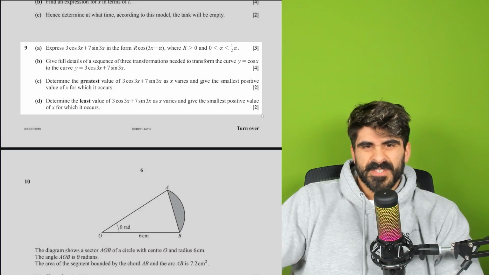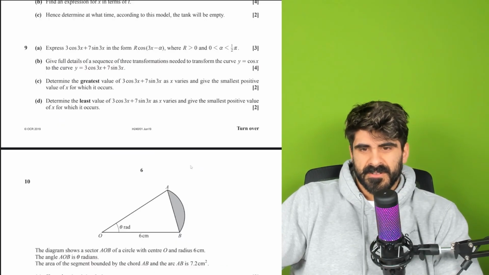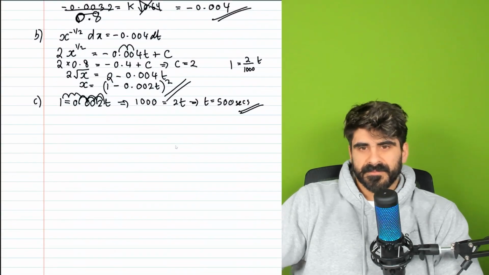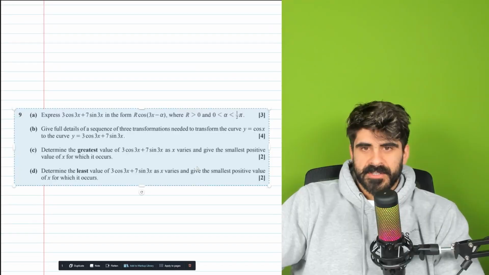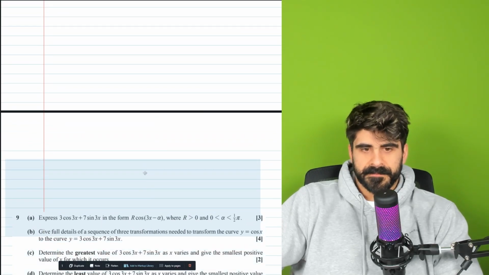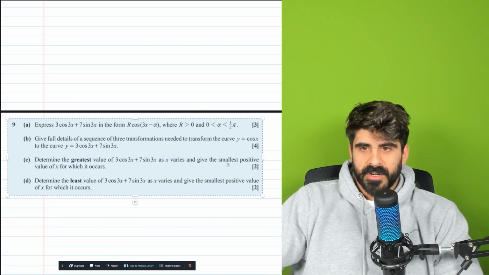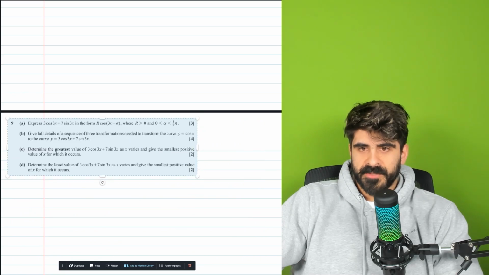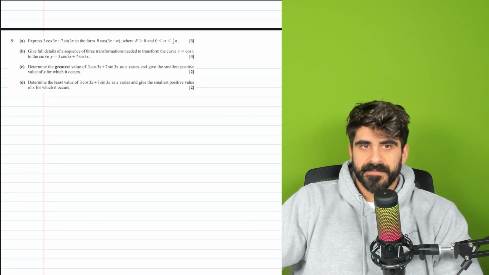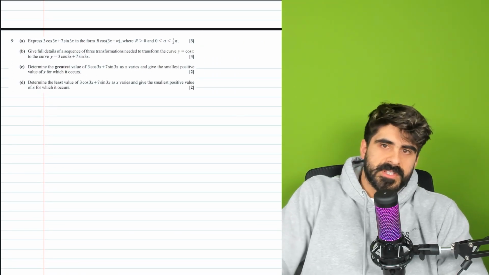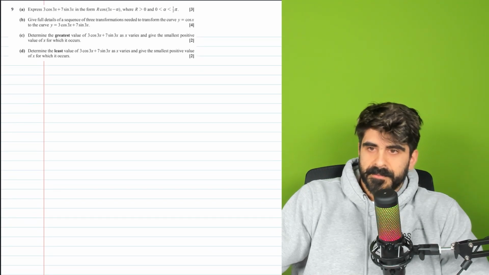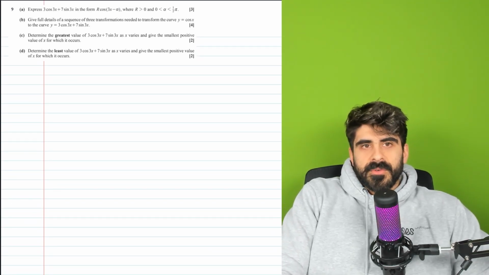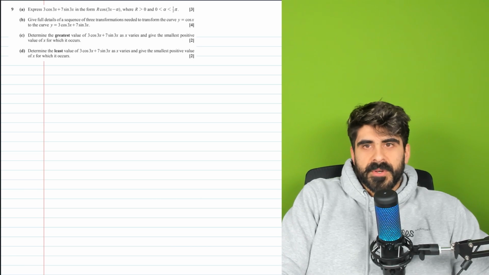This is going to be a bit of a sticky one, because my alpha is not going to be exact. But it's fine. I can just take a little bit of an L here. It's not a problem. Let me just scroll up a little bit. So express this in this form where R is positive and alpha.